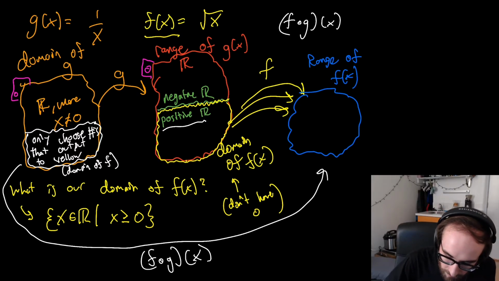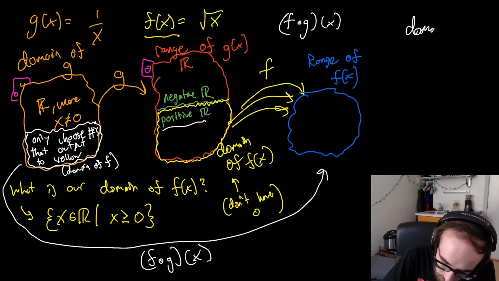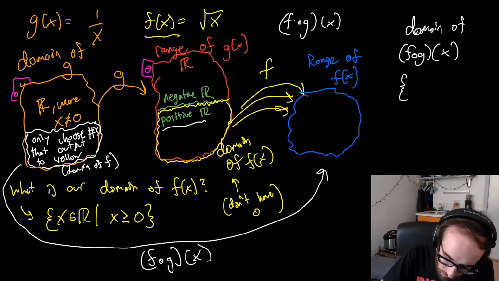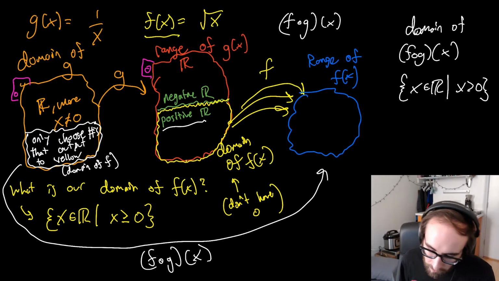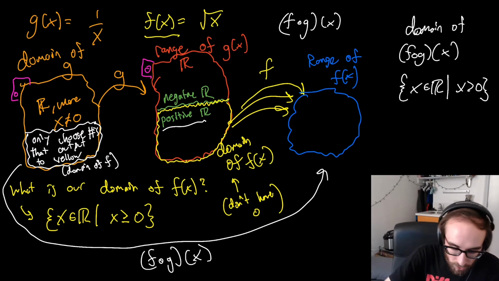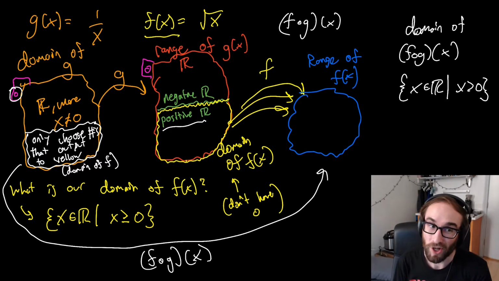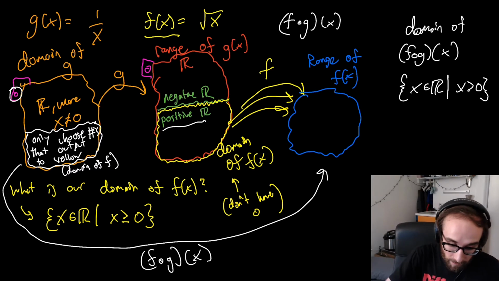So our domain of f composed with g of x is going to be real numbers such that x is greater than 0. Notice I included greater than and not equal to because 0 is not in our domain of g, so we can't include it in that white blob at the bottom there.